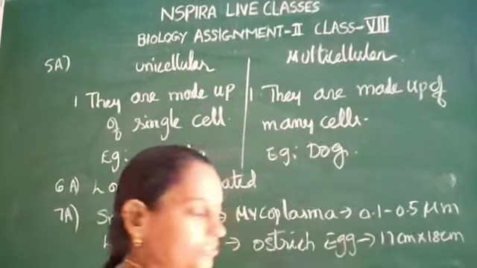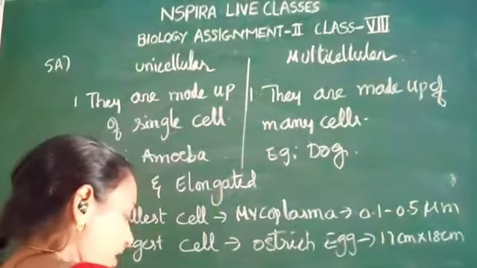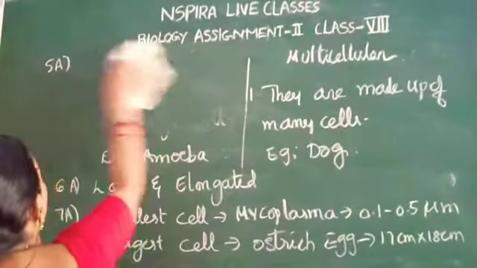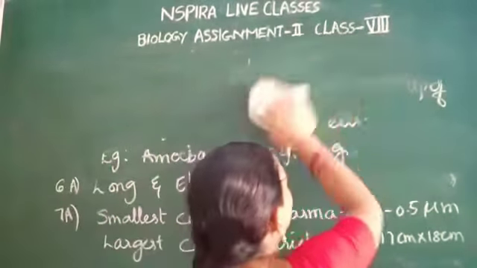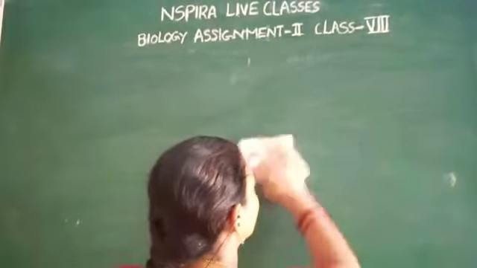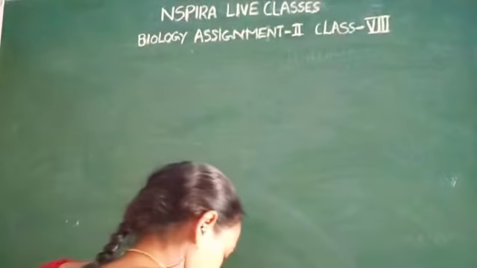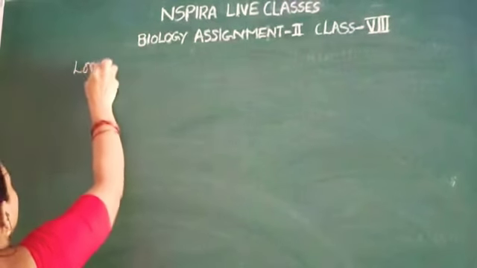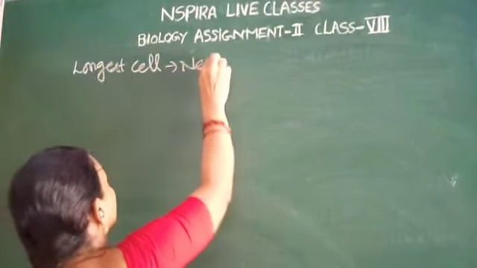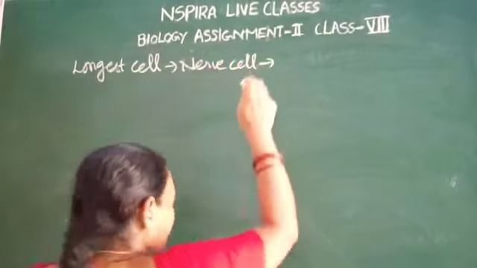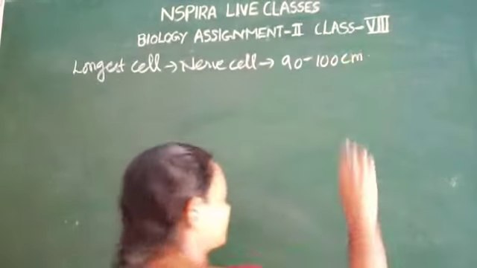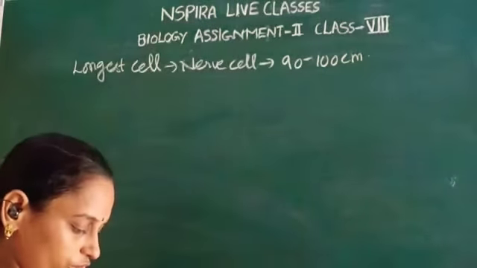And coming to the longest cell, the longest cell is the nerve cell, 90 to 100 centimeters.